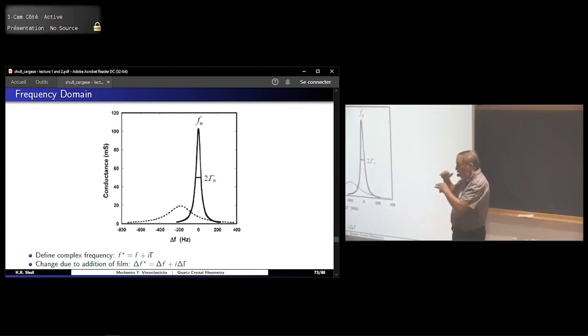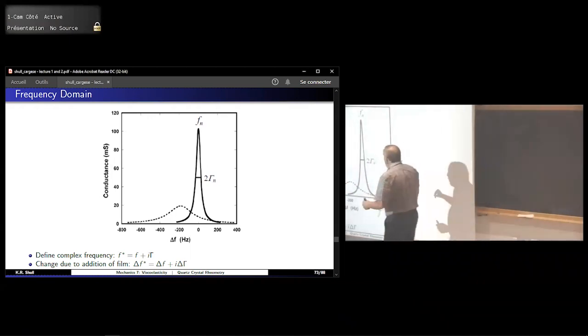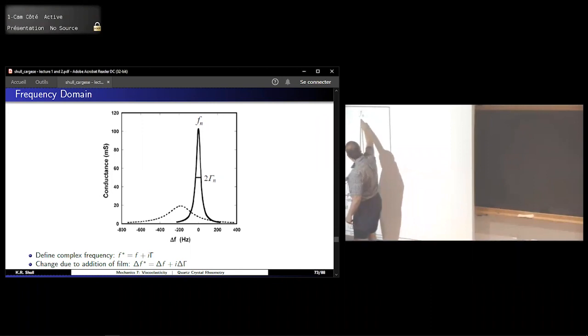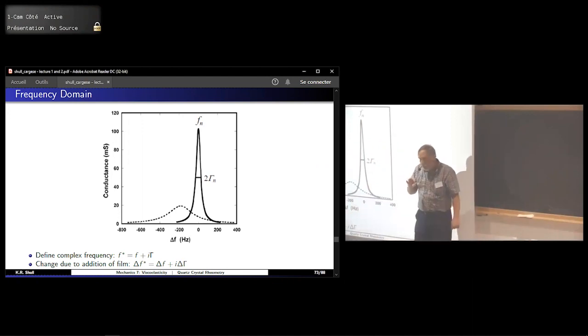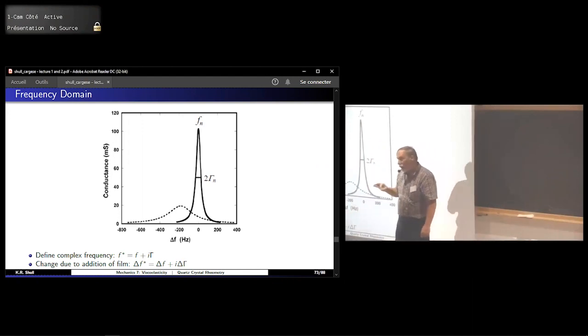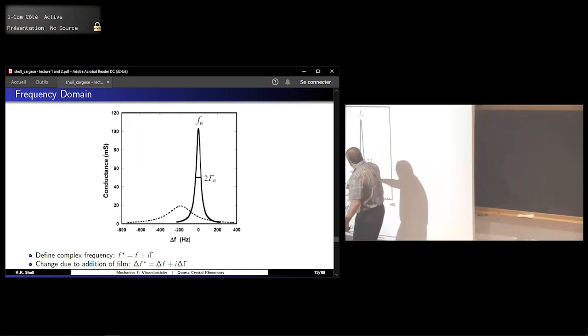So again you get an in-phase and out-of-phase component. The conductance is the in-phase component. It has a maximum where the crystal is at resonance, because when the crystal is mechanically soft, it's also electrically soft. So it conducts very specifically at that frequency.